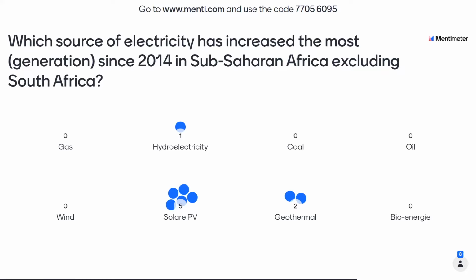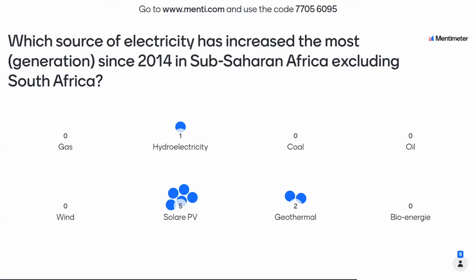On the contrary, solar PV and wind, which are more recent and new, have a very high growth rate compared to the other sources.